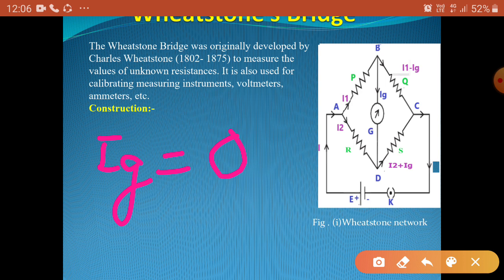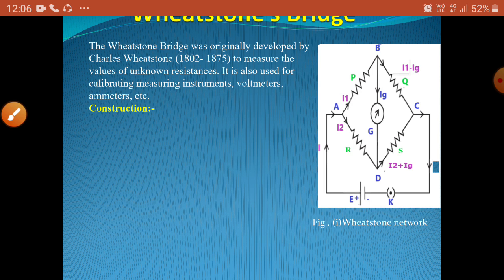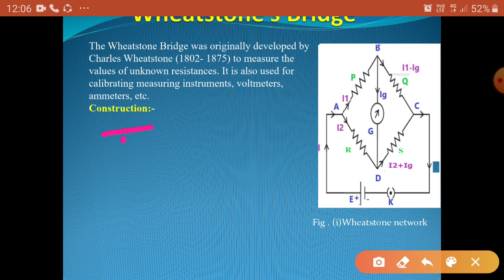Thus, in balanced condition, even though current flows in the rest of the circuit, the galvanometer does not show any deflection. That is, it gives us the null deflection or zero deflection. That's why we can say the given Wheatstone's bridge is now balanced, because the electric current across this galvanometer is equal to 0.